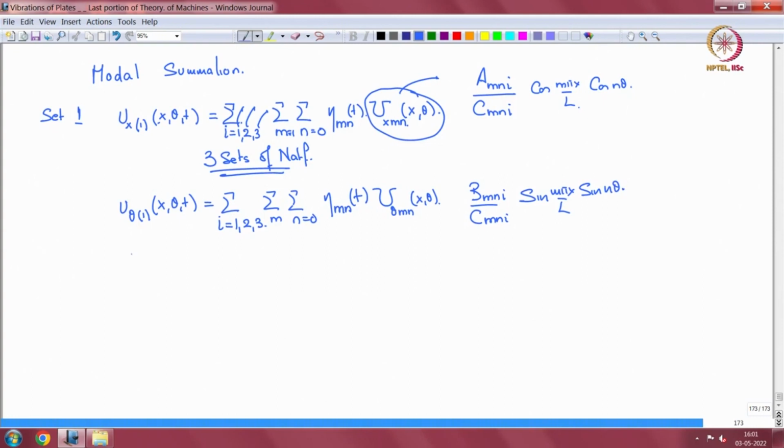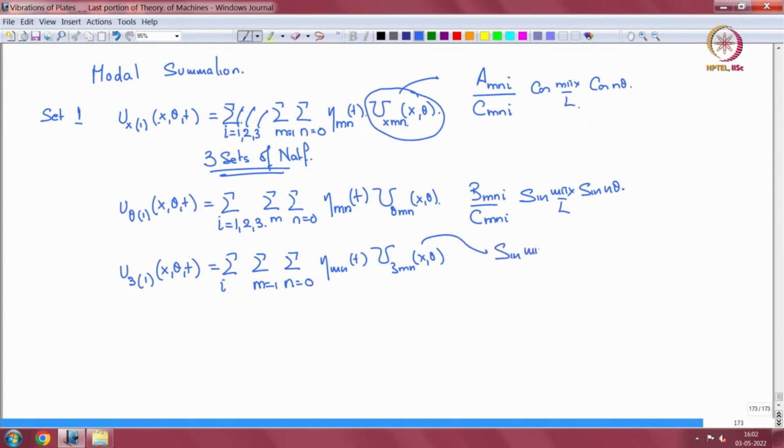Okay. Then lastly u3 first set of x, theta, t is the summation over i, summation over m from 1, summation over n from 0, eta_mn of t, u3_mn of x, theta, where u3_mn is sin(m pi x / L) cos(n theta).